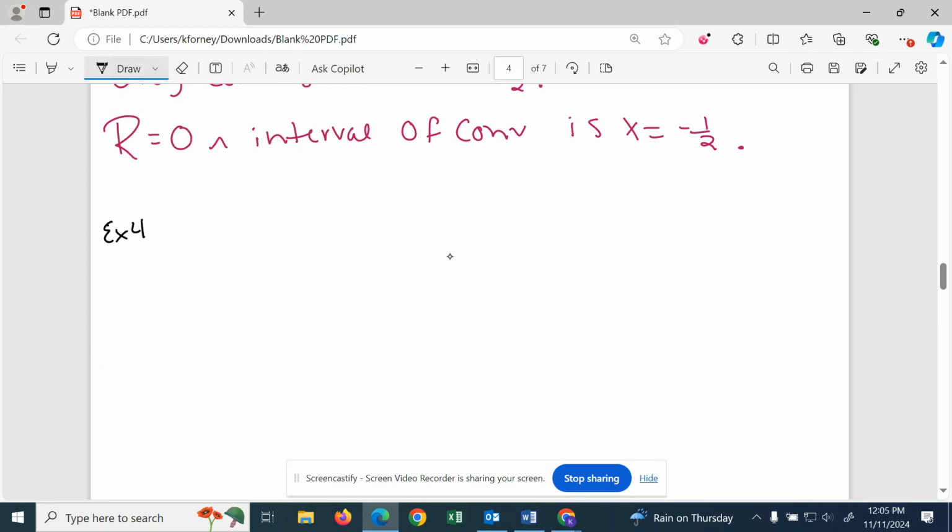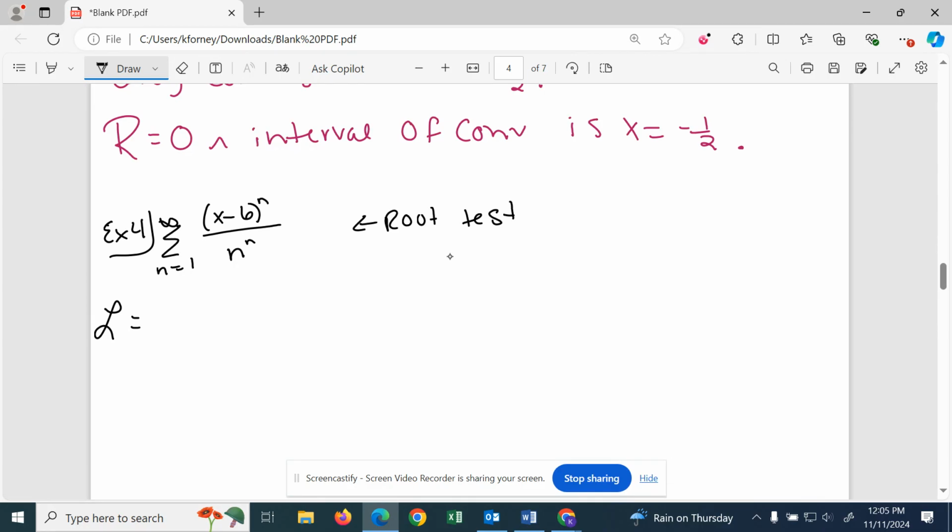Example 4. Determine the radius of convergence and the interval. We have the sum from n equals 1 to infinity of x minus 6 to the nth power over n to the nth power. We want to start here, and I actually think we should use the root test.